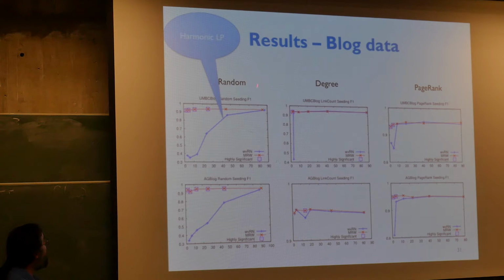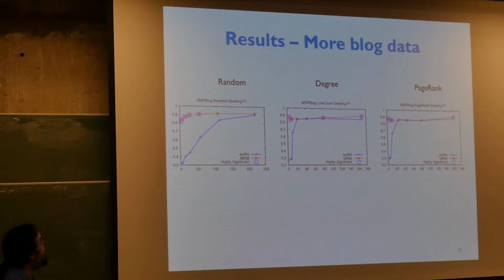But this is using random seeds, which turns out to be worst. This is using the page rank seeds, which turns out to be best. These little squares are cases where there's a statistically significant difference. Okay, so after a while, they're mostly the same. If you use a reasonable amount of data, they're the same. But it starts out a little bit better for the MultiRankWalk algorithm.